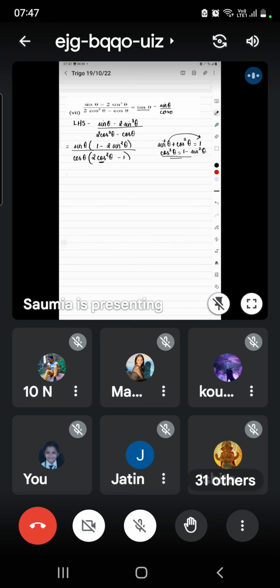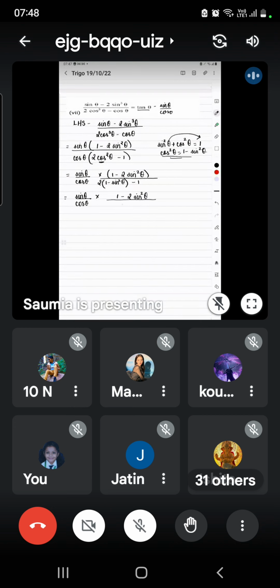Let's see what happens. So I have here sine theta upon cos theta as it is. I'm not changing the bracket at the top. I can change that also. It's up to you. Now, instead of cos square theta, I am writing 1 minus sine square theta. Okay. Now, let's slowly change. So, what will I get here? 1 minus 2 sine square theta.